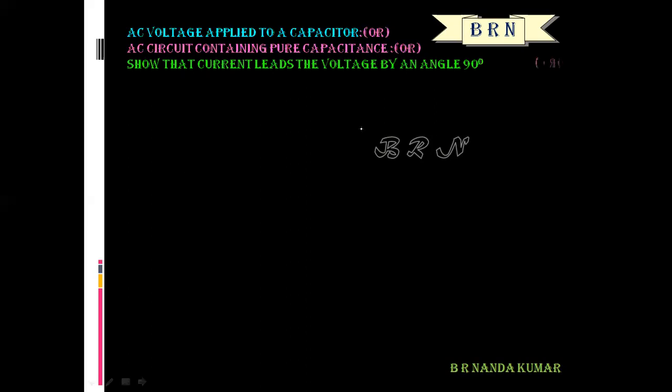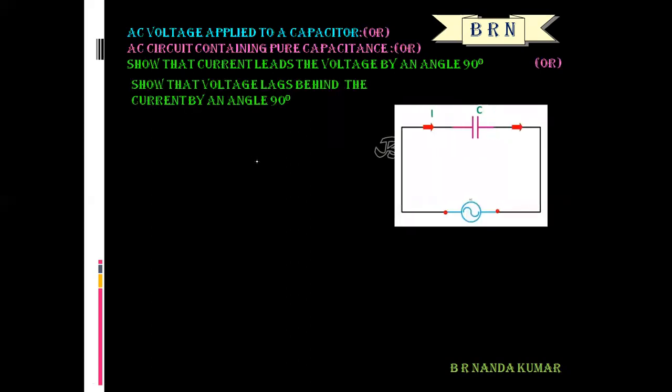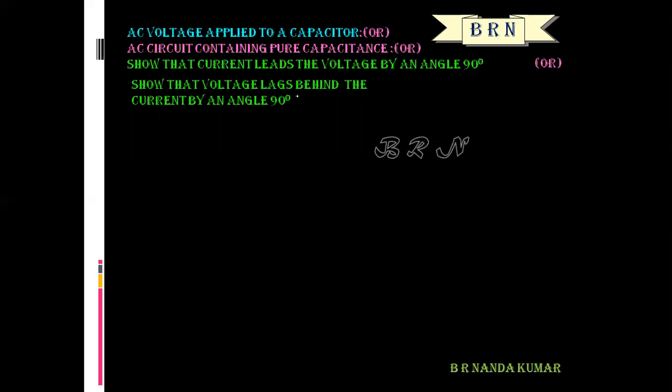Show that current leads the voltage by an angle pi by 2 radian or 90 degree, or show that the voltage lags behind the current by an angle pi by 2 radian.